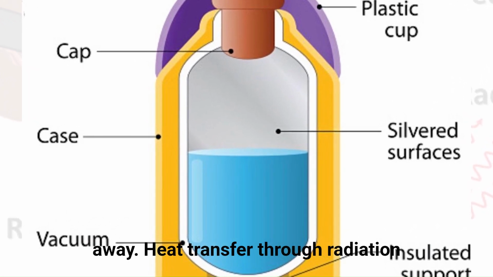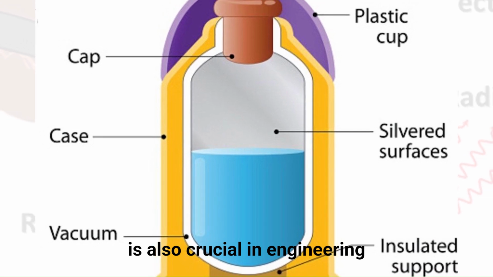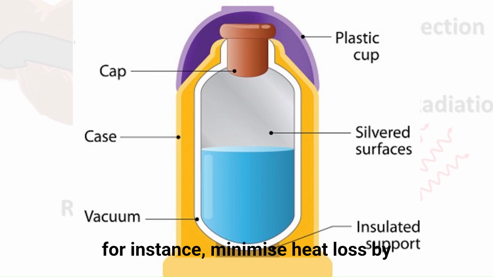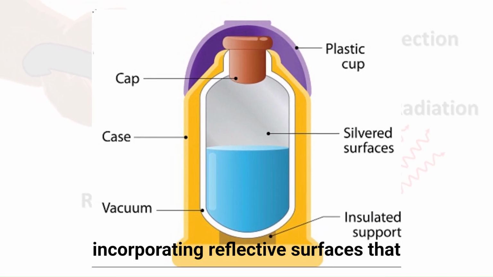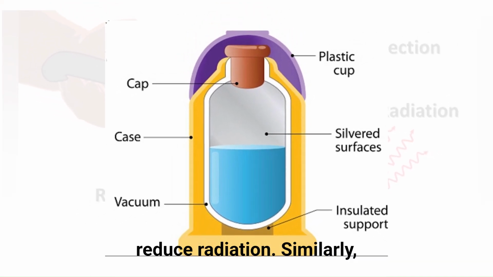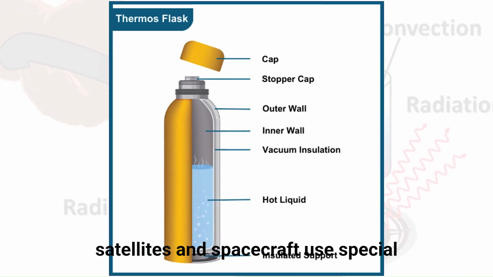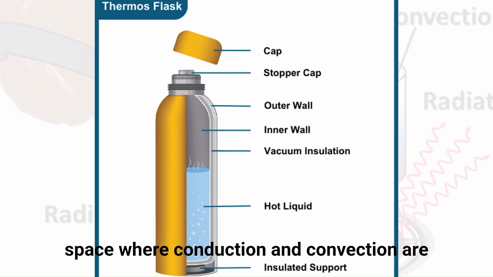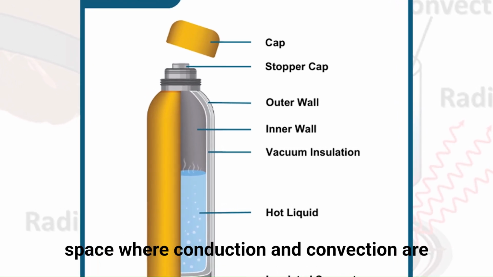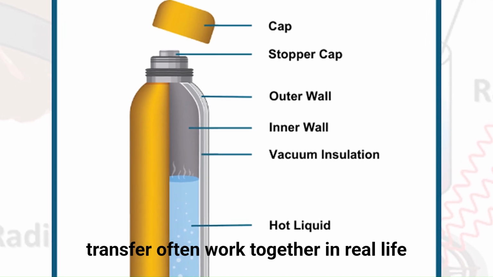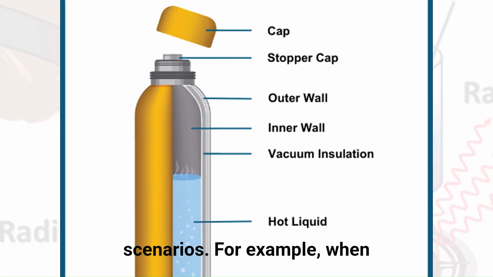Heat transfer through radiation is also crucial in engineering applications. Thermos flasks, for instance, minimize heat loss by incorporating reflective surfaces that reduce radiation. Similarly, satellites and spacecraft use special coatings to regulate their temperature in space, where conduction and convection are absent. These three mechanisms of heat transfer often work together in real-life scenarios.